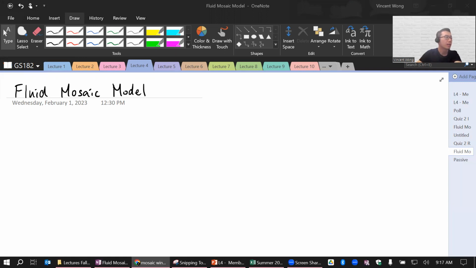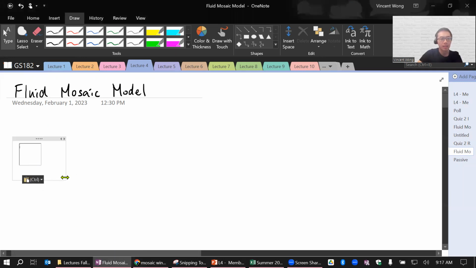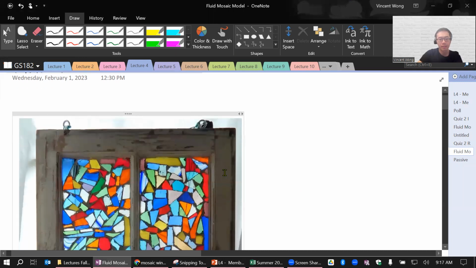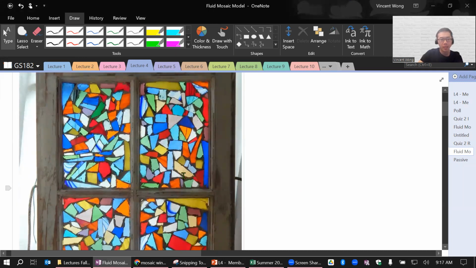Let me just show you a quick picture of what mosaic means. You might have seen a window like this. This is called a mosaic window. A mosaic means the whole thing is made up of many different individual parts. You've got the blue parts, the red parts, and sometimes they form a picture.